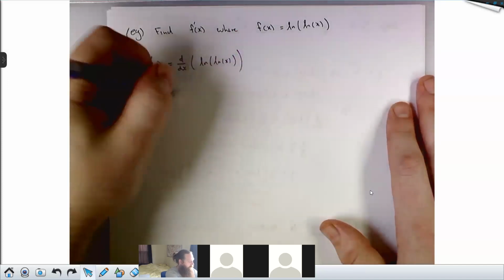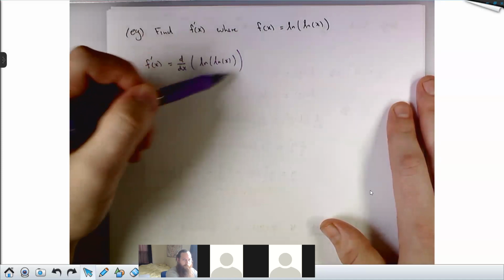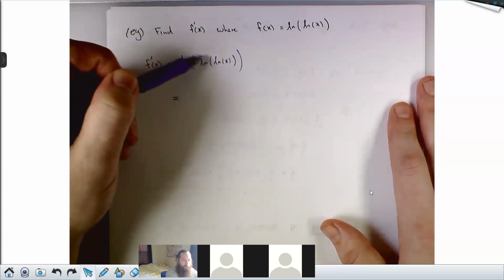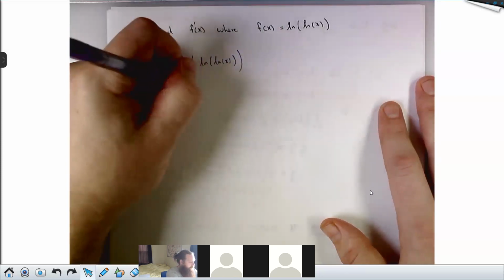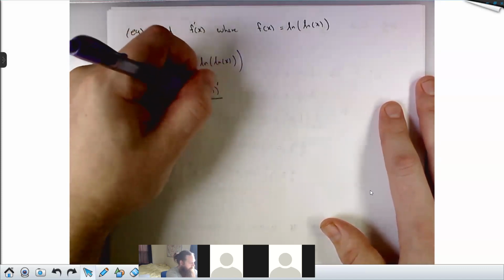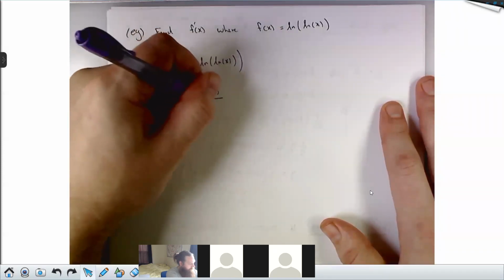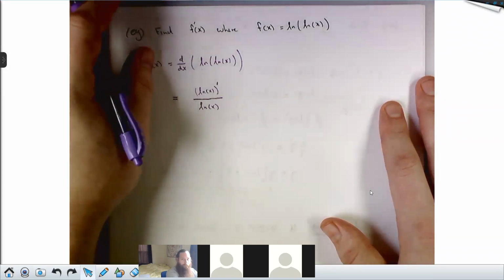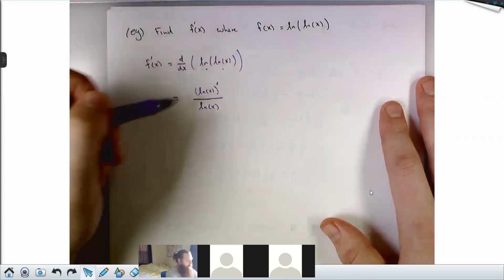And then we can kind of use that trick I just showed you, right? This is a repeated chain rule thing. The outermost function is here, and then the next level in is an ln of x. So this would be ln of x primed divided by ln of x, right? So I'm thinking, here's my outer function, here's my inner function.